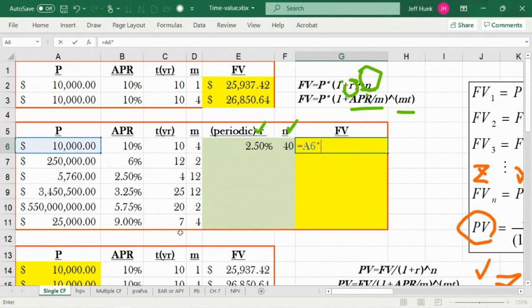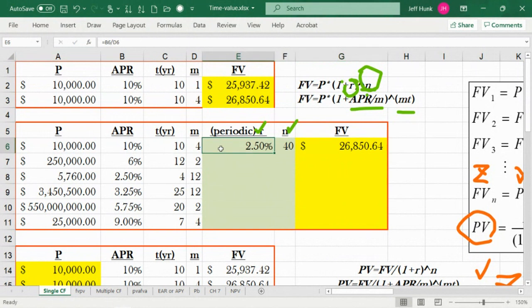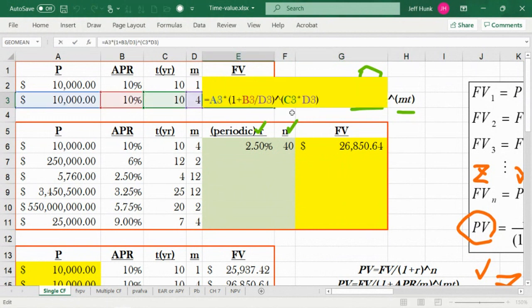So then P times 1 plus R raised to N. Okay, we can return to the simpler version. In other words, if we use this formula, then the formula gets more complicated.